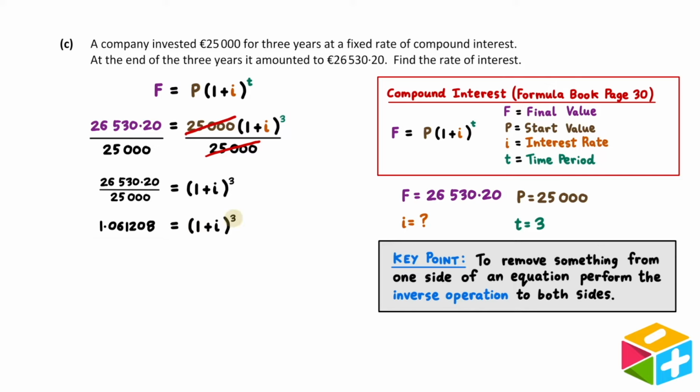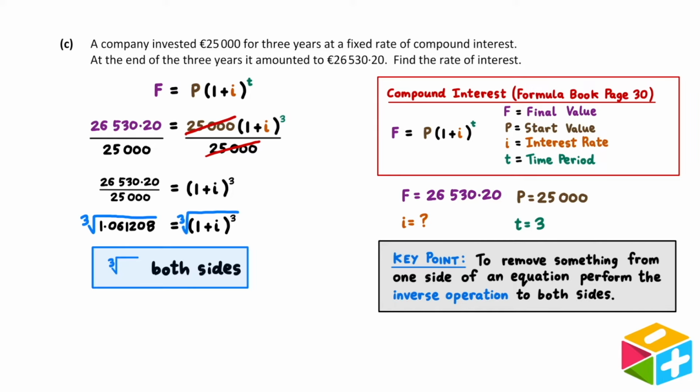The next thing to remove is the 3. This 3 is representing a power of 3. To cancel it off, we'll need to do the inverse operation. And the inverse of a power of 3 is a third root.